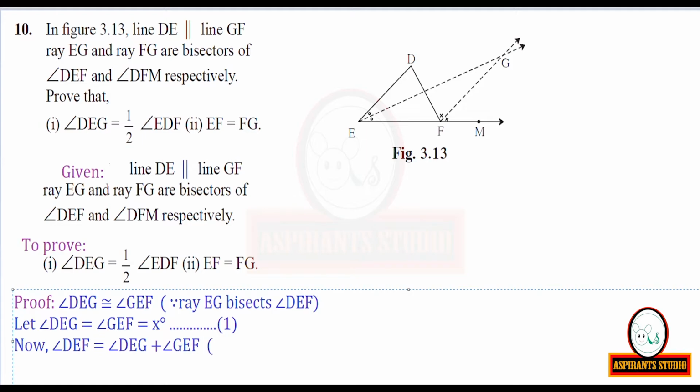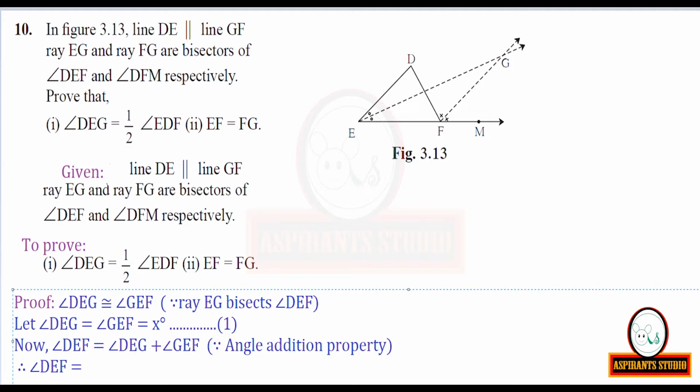Now, consider angle DEF. It can be split as angle DEG plus angle GEF by angle addition property or postulate. Equation 1 tells us that measure of angle DEG is equal to measure of angle GEF is equal to x degrees. So, put the values here.